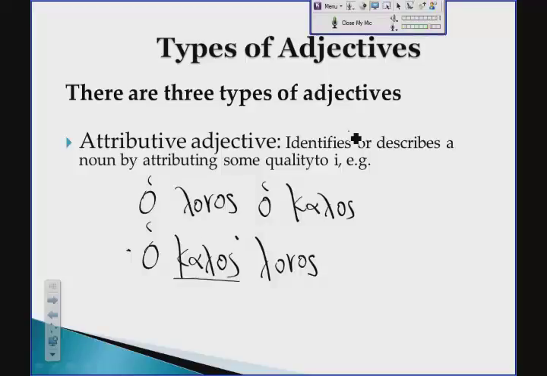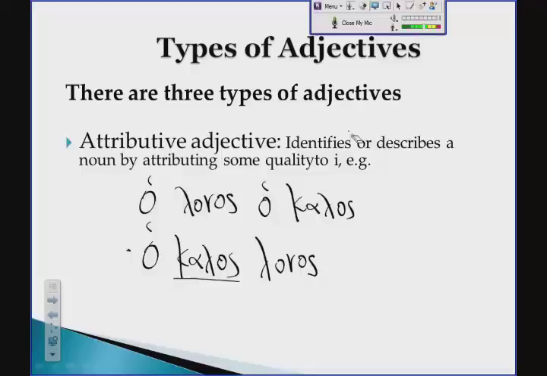Okay? If your adjective does not have its own article, then the adjective must be situated between the article and the noun. Are we there together? Or the noun will have its own article and the adjective will come with its own article. Then okay, there is the third scenario.